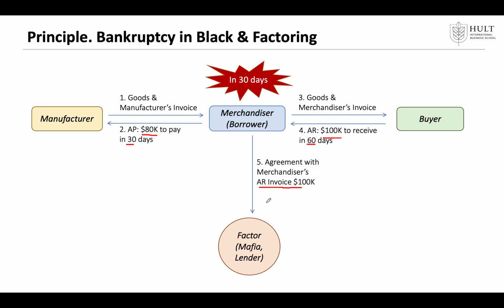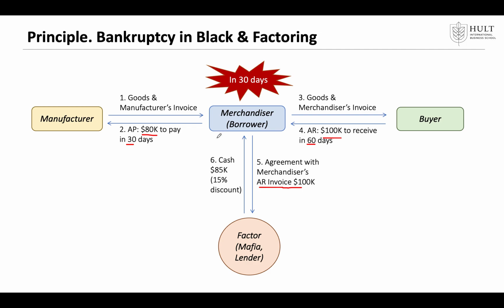Now this factor decides to lend the money, but not the full amount, in case there's something wrong. So like 15%, a discount out of 100K. So the cash now is 85K.